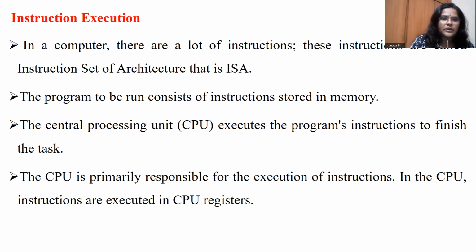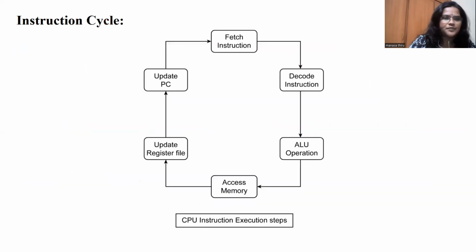So the program to be run consists of the instructions stored in memory. So CPU will execute the instructions to finish each and every task which is provided in the program. So the CPU is primarily responsible for the execution of the instructions, and those instructions are executed in CPU registers.